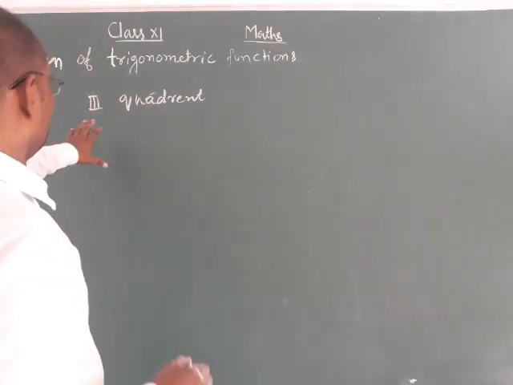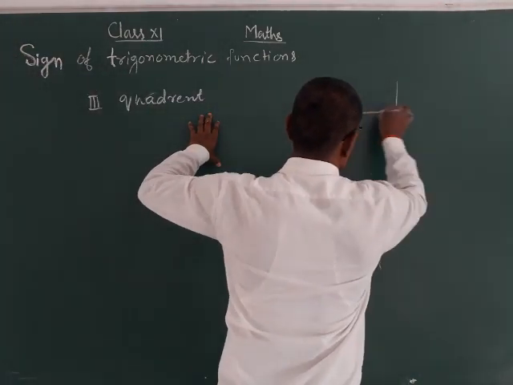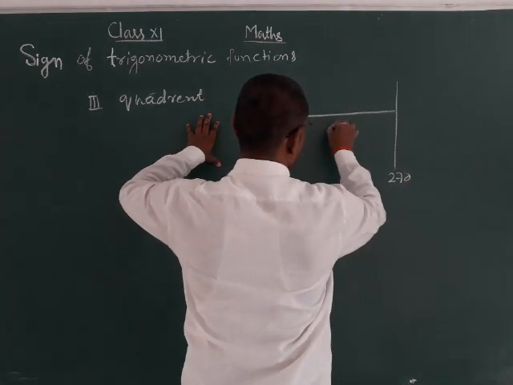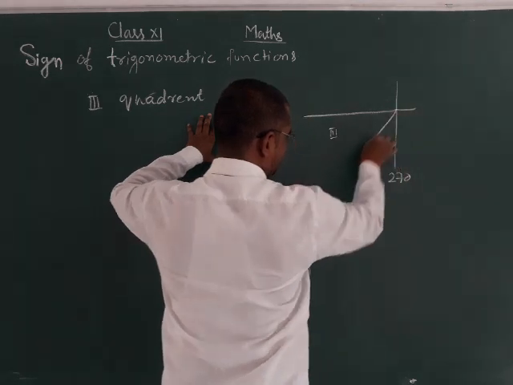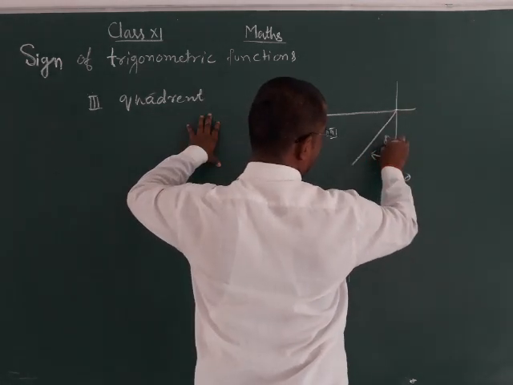Also in the third quadrant, this is 270, measured anticlockwise, and this is theta.